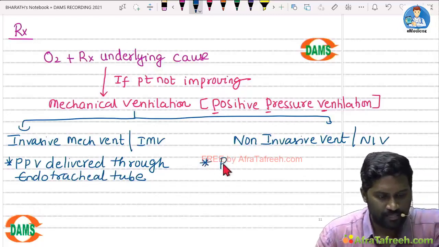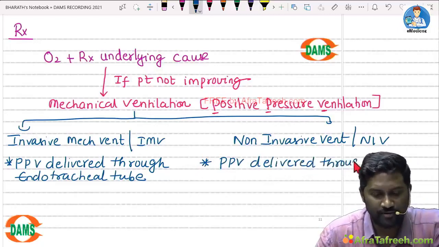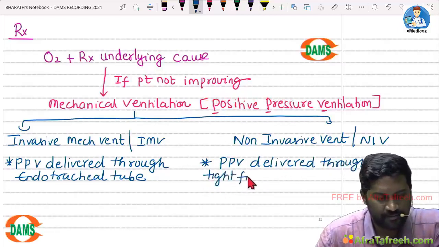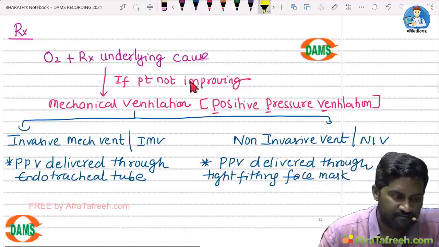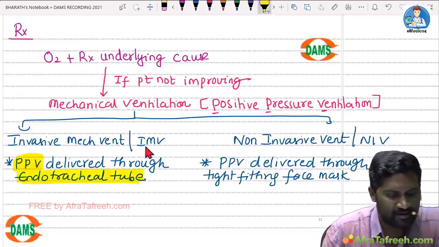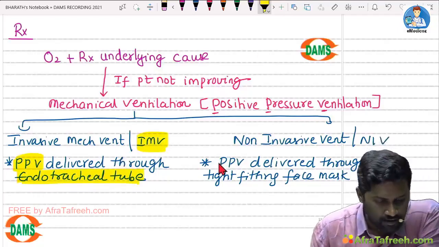Non-invasive is positive pressure ventilation delivered through a tight fitting face mask. In simple words, if you give positive pressure ventilation through a tube placed in the trachea, it is called invasive mechanical ventilation.